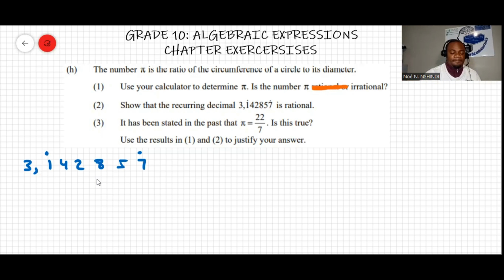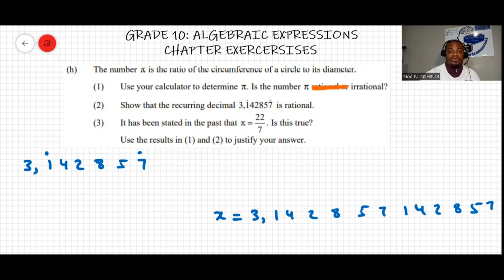Now, to prove that it is a rational number, I will let x be equal to that number. Let x equal 3.142857, and then 142857 again over and over.